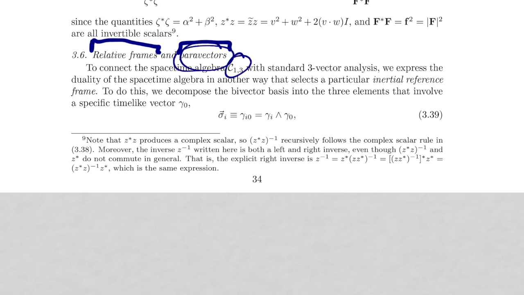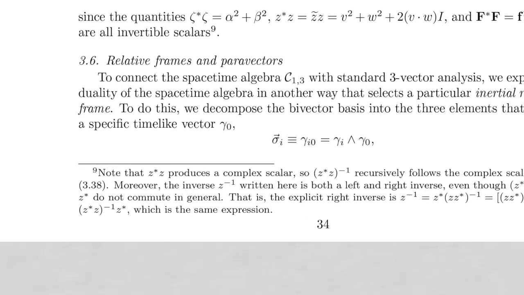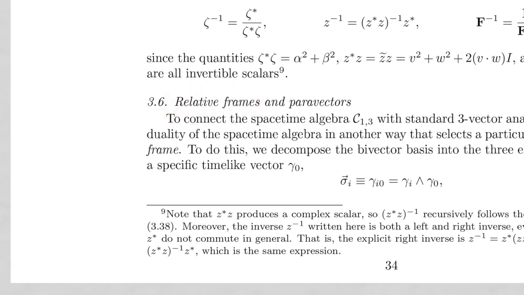Relative frames, however, sounds like special relativity. That actually sounds like physics. So optimistically, when we read this, we're thinking, okay, we're going to get some physics. This will be the physics, and this will be the mathematics.